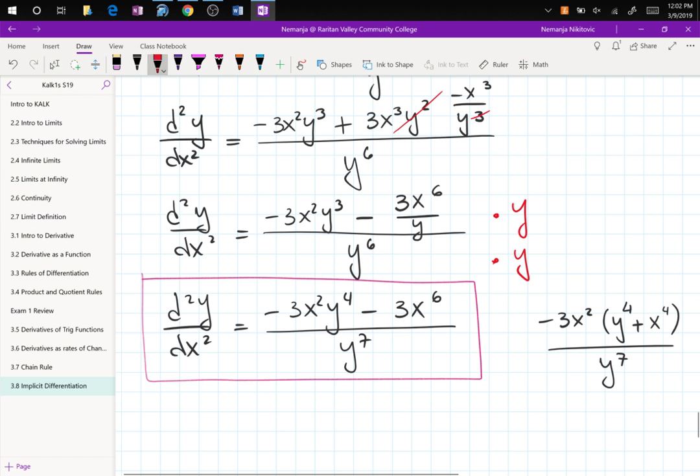I'll just put the word or, whatever. Clearly, you will have to set this equal to 0, so the right-hand side. Actually, no, you're not setting this equal to 0, because we don't do graphing of implicit.